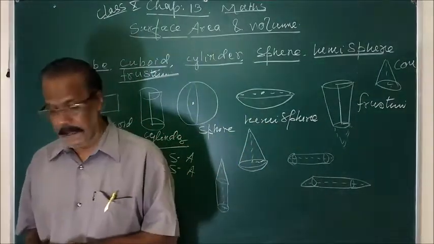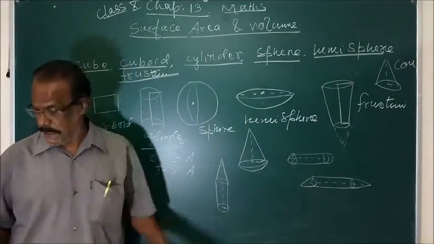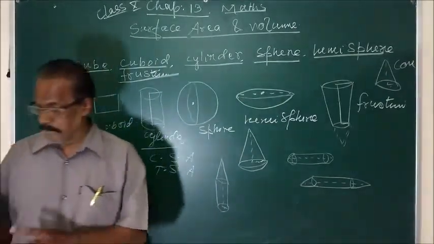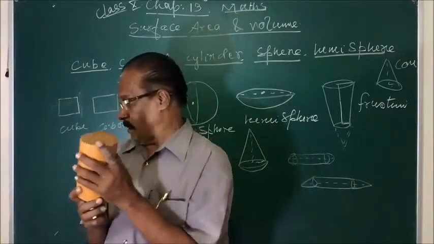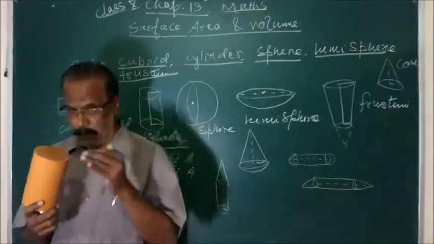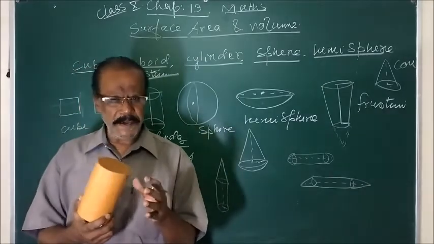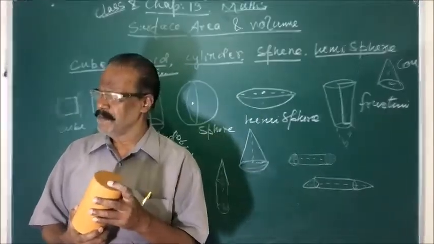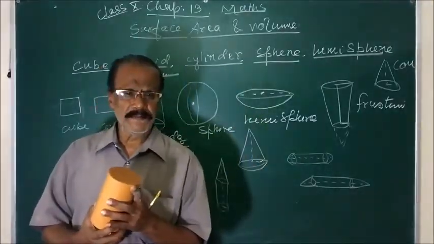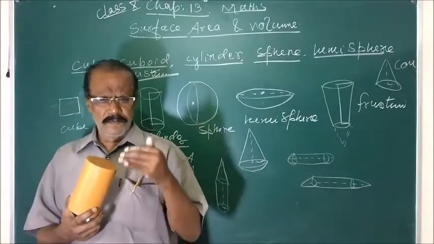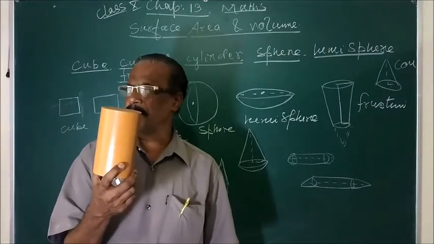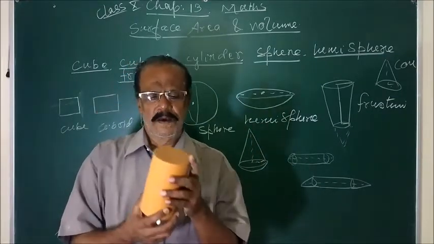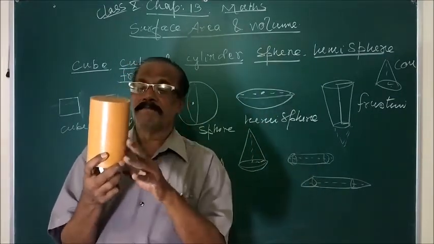Now you see, what is a cylinder? My dear, this is a cylinder. If you roll a page of your notebook along its length, the solid that will be formed is a cylinder.